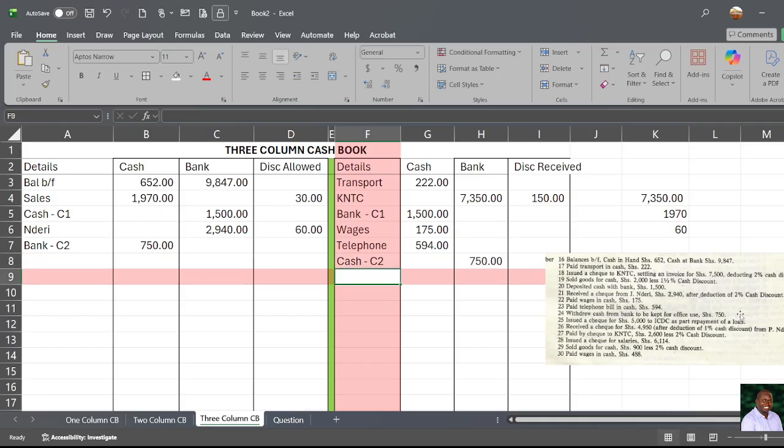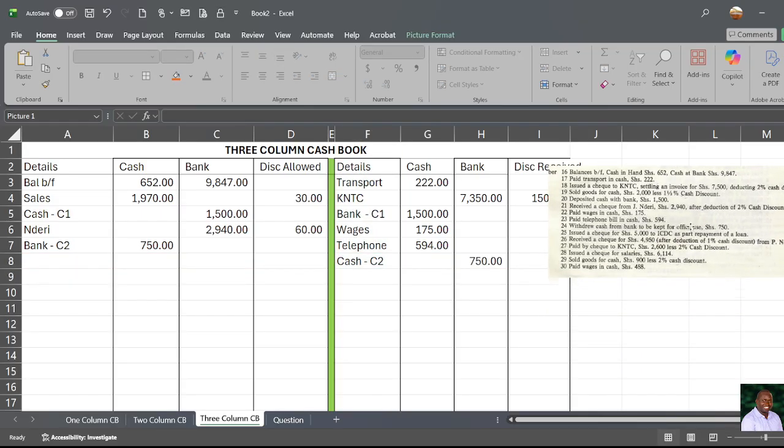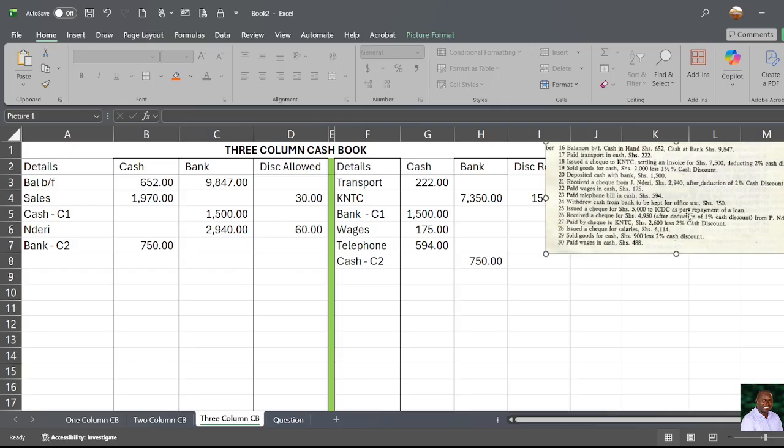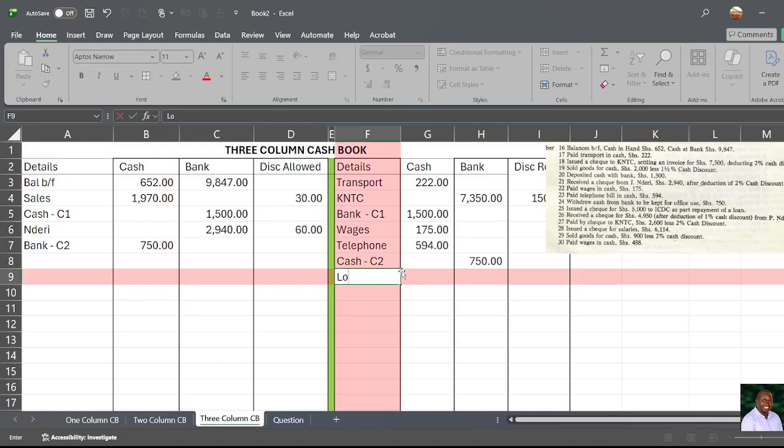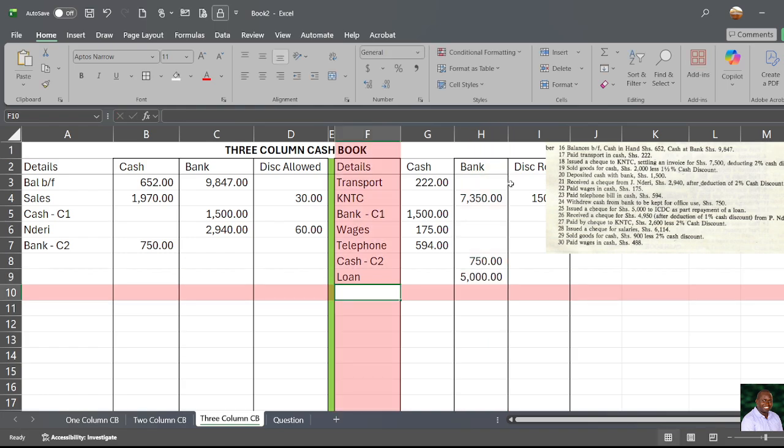Then we are told he issued a check for 5,000 as part payment for the loan. So he paid a loan by check.